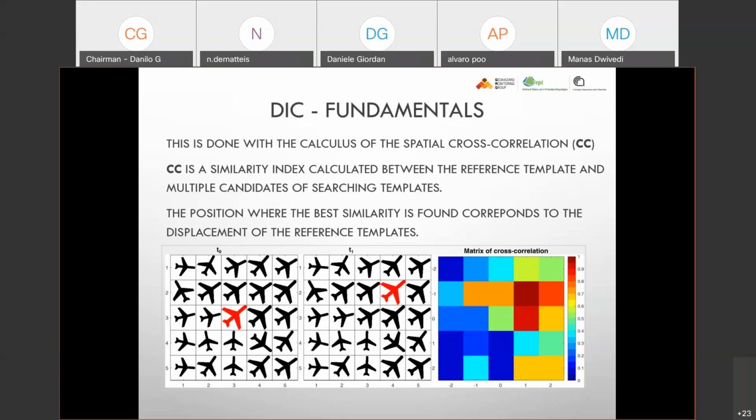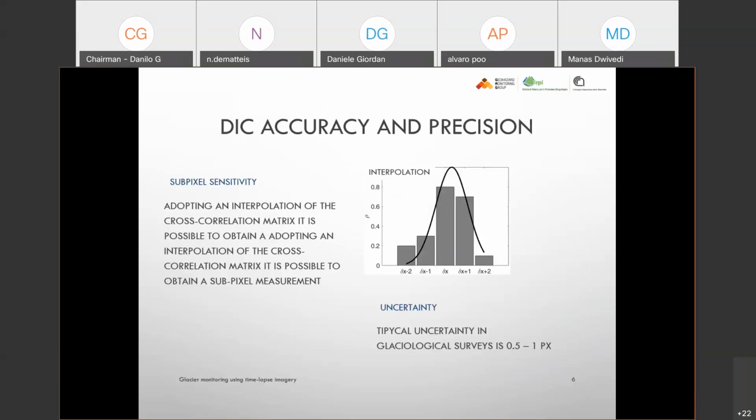This operation is the spatial cross correlation. The cross correlation gives integer-pixel displacement, but it is possible to achieve sub-pixel sensitivity by interpolating a surface where we can search for the maximum.